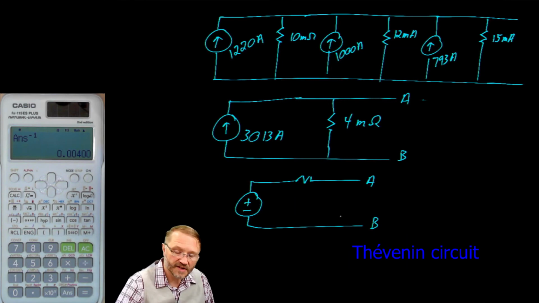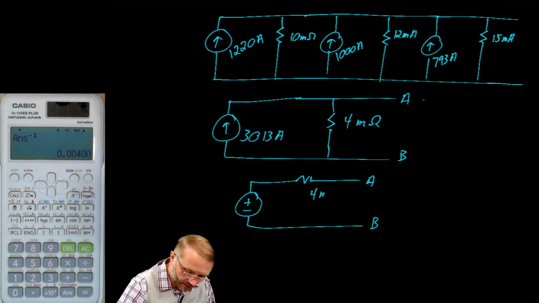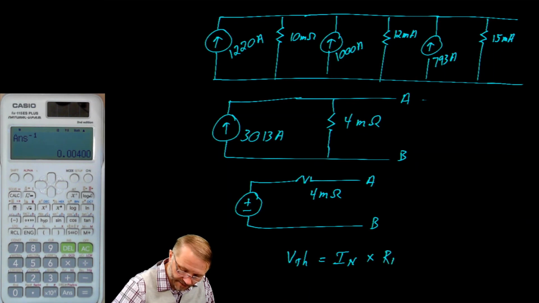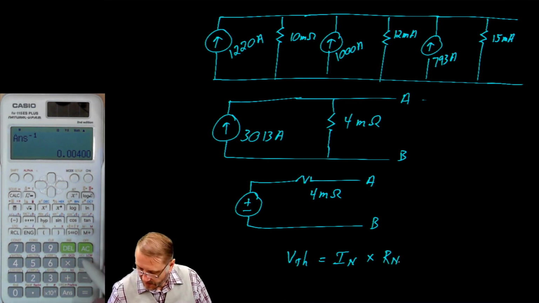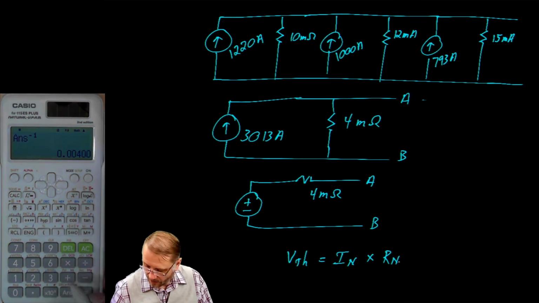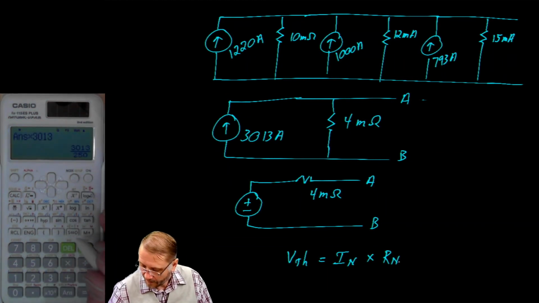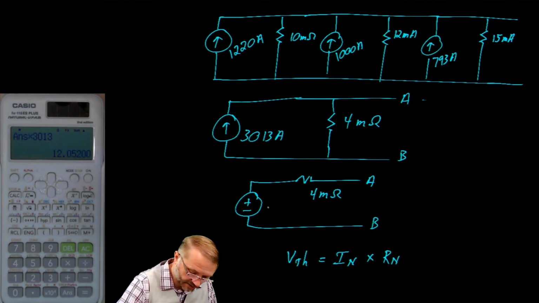Remember that the Thévenin and Norton resistances are equal, and that a Thévenin voltage is a Norton current times the Norton resistance. In this case, it's 4 milliohms times 3013, which gives us a battery voltage of about 12.05.